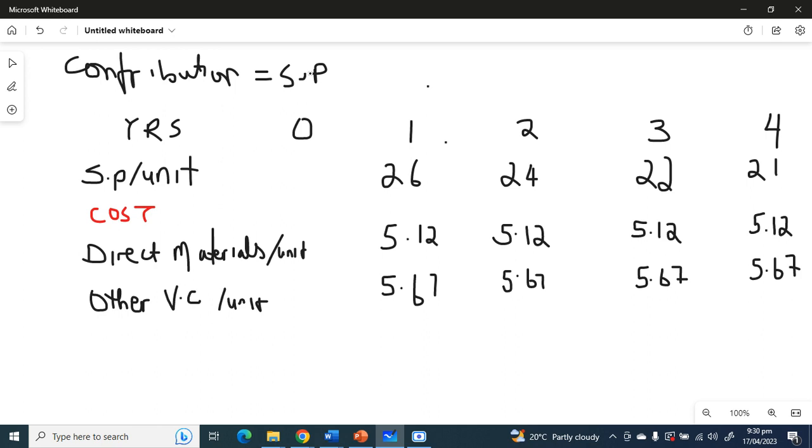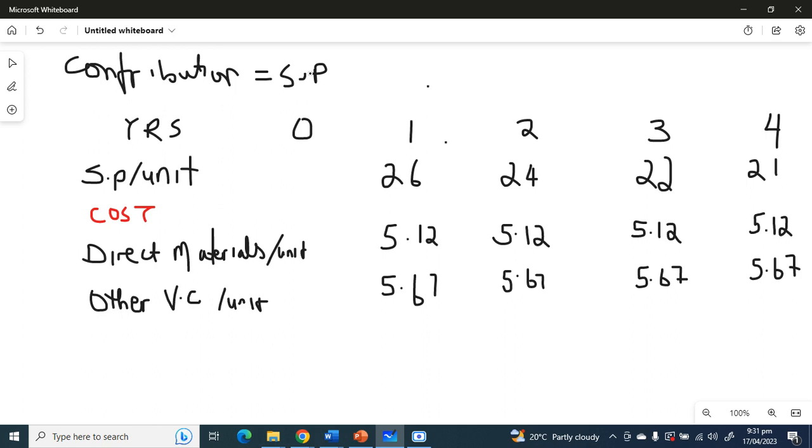All right, the purpose of contribution, especially for management accountants, is that contribution will tell you how many units to produce so that you can be profitable. And if after you deduct your variable costs from your selling price, the money that is left is not able to cover the fixed costs, then you have to either change your selling price or change your variable costs.